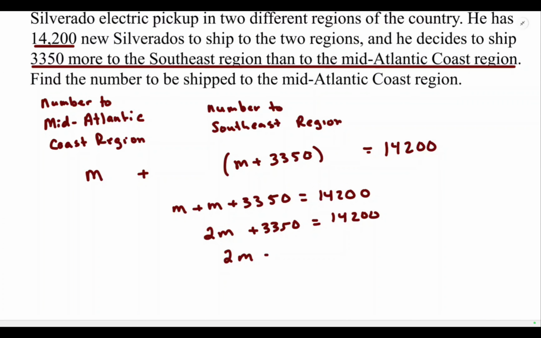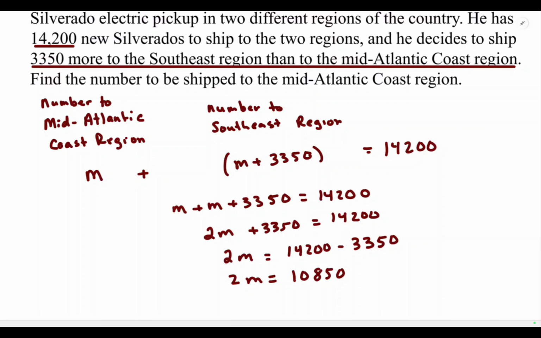So I'm at 2M is equal to 14,200 minus my 3,350. Put that in the calculator, tell me what you get when you subtract. So do 14,200 minus my 3,350. And how much would that give me? 10,850. Good.